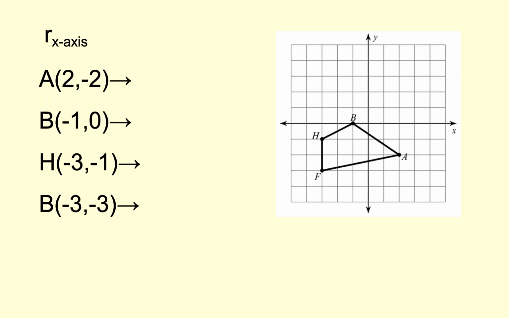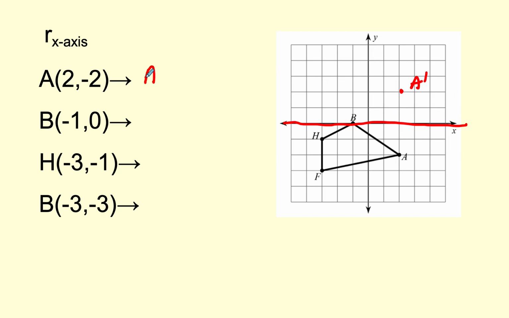Let's take a look at an example. This is R for reflection with respect to the x-axis. So we are going to reflect, and this is going to act as the perpendicular bisector between the points. So A is going to go across to the other side, to here, and remember this is acting as the perpendicular bisector.